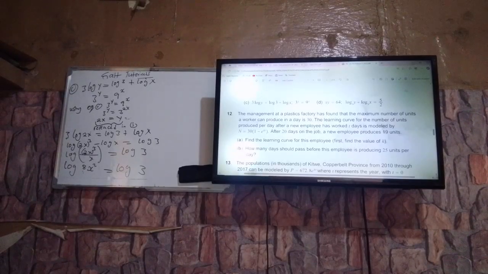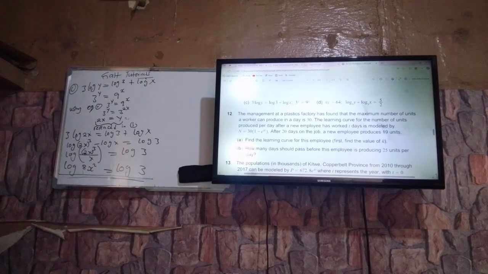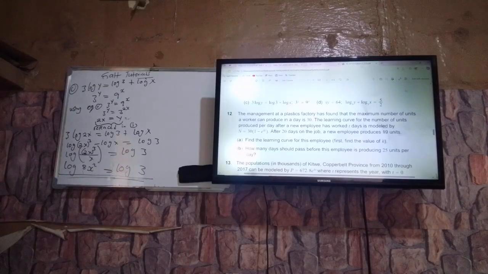Any method which you can use should work out. Any property you can use. So now we are with this here. It is up to you to do whatsoever you can to make sure that the value of x is visible.